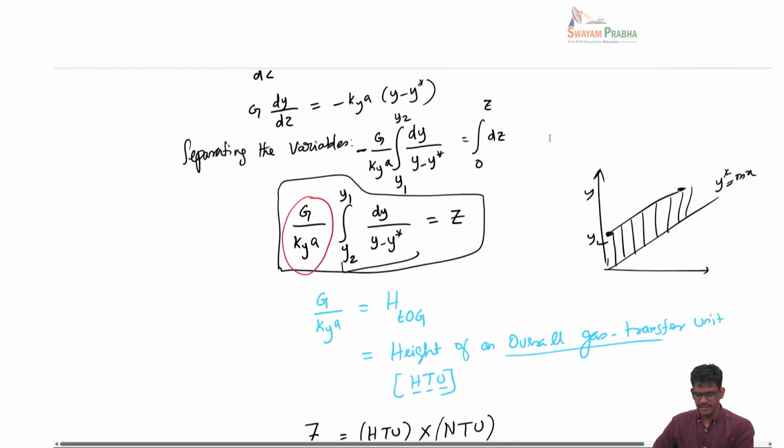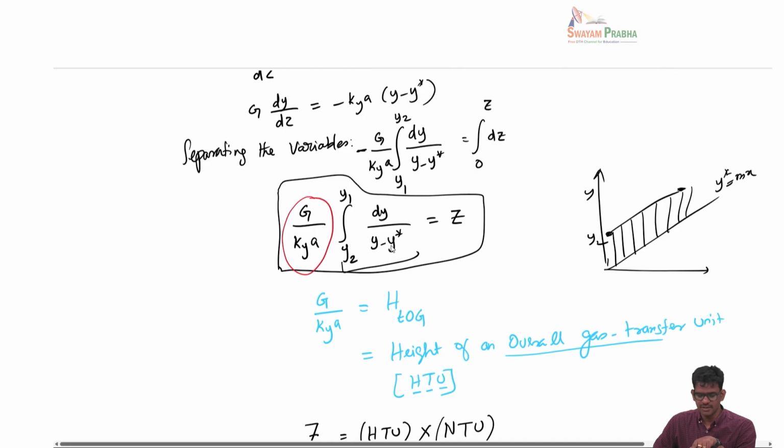Now, until this, if you look at what assumptions with regard to the dilute mixture we have used: G is constant because it is a dilute mixture, and then we have used the K type mass transfer coefficient. Okay, these are the two things. What we have not really used yet is Henry's law.